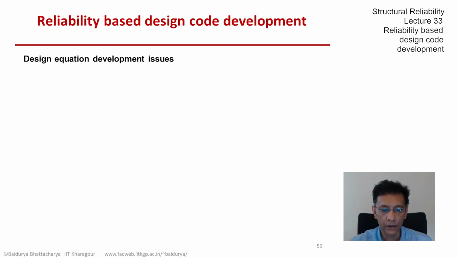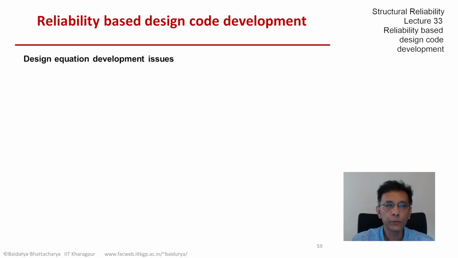It is a collection of wisdom and experience from successful performance that have accumulated over generations. So we are not going to look at all those aspects, of course. We are just looking at this very narrow issue of partial safety factor to be used in design equations and how we can derive them, at least the principle behind them.